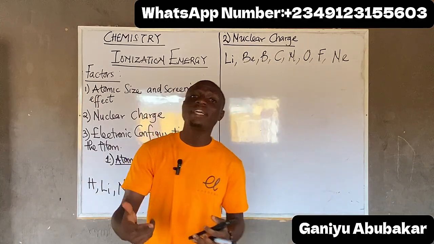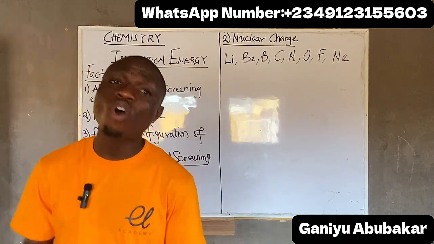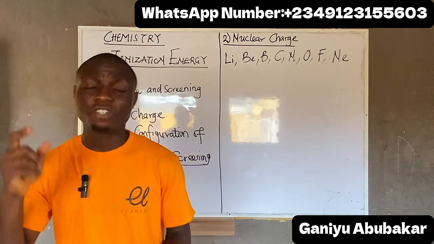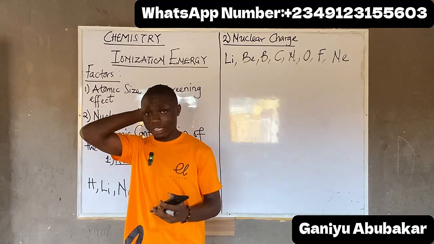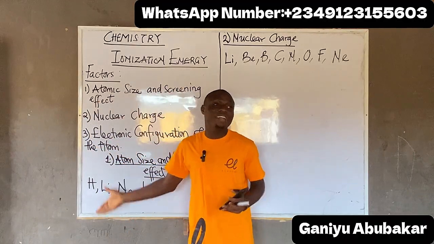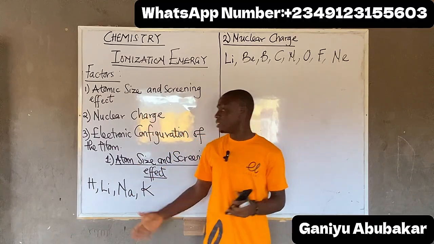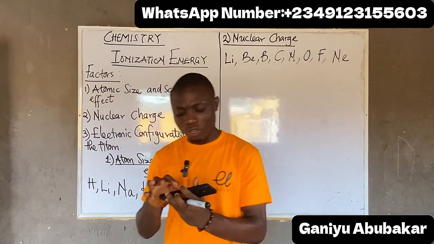enough to kick off IE. In the case where it needs to remove an electron, it needs to come with more and sufficient energy to kick off an atom. It's not like a positive and negative explanation; just understand how these two concepts work.